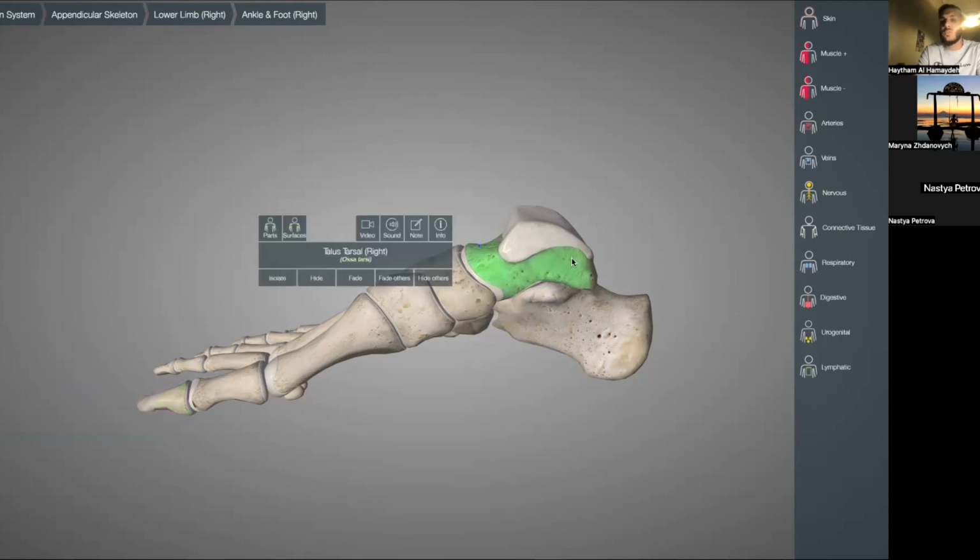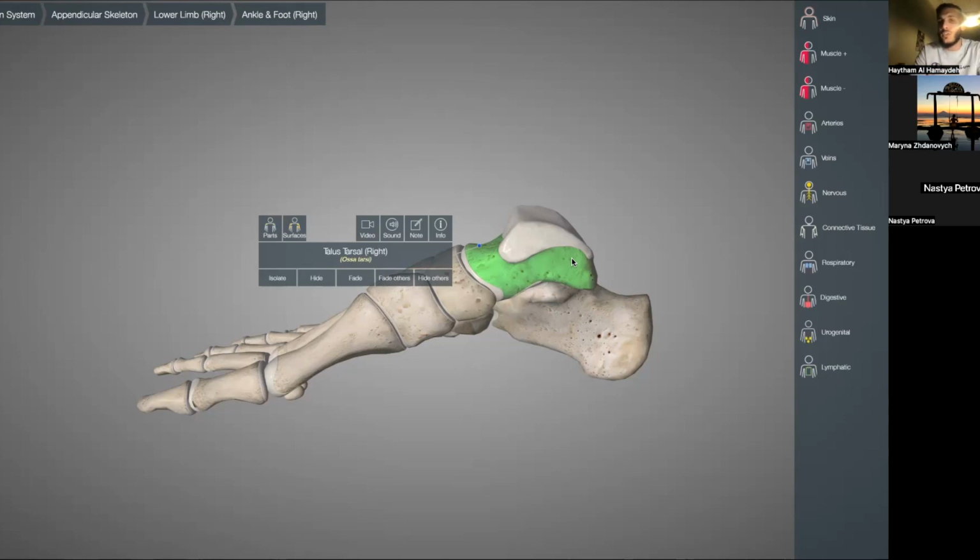The talus, to start with, is involved in three main articulations. Superiorly, it's involved in the ankle joint, and it helps to articulate or cause an articulation with tibia and fibula to bring about the ankle joint through three superior articular surfaces: the trochlear surface, the medial malleolar facet, and the lateral malleolar facet.